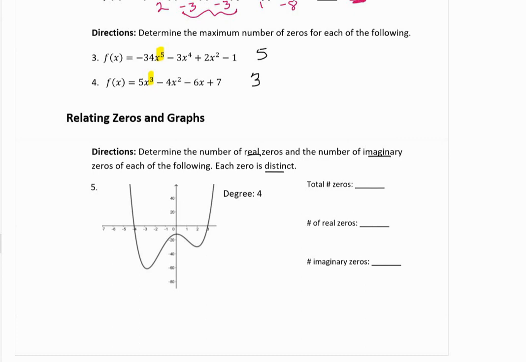Okay, in this graph, I'm given that the degree is 4, so I know that I can have 4 zeros. How many real zeros do I have? Well, the real zeros are my x-intercepts, and I have 2 of them. So that means if I have 4 altogether and I have 2 real ones, there have to be 2 imaginary ones.